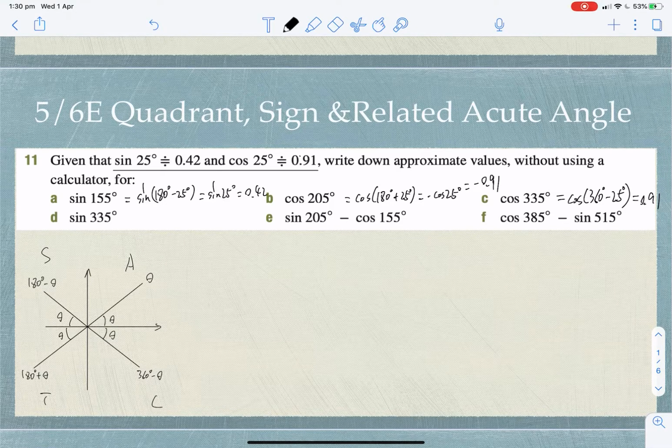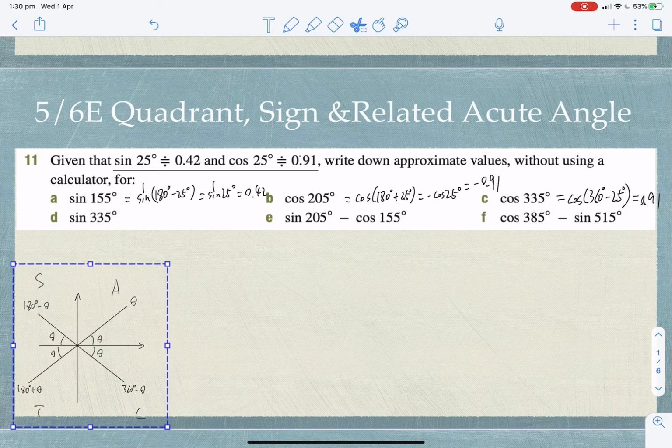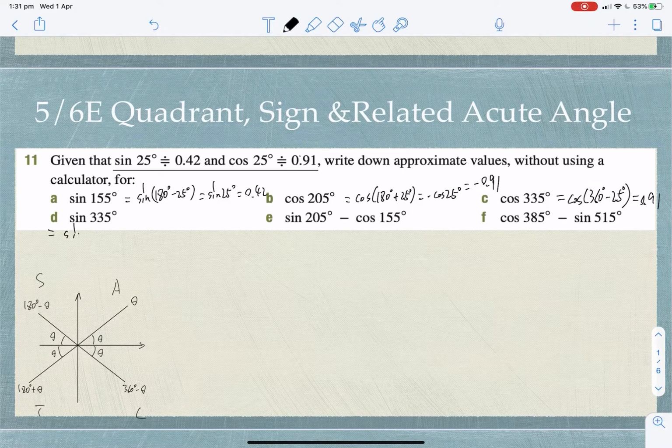Simple. So sine 305. 305 again is sine 360 minus 25 degrees. So basically it is sine 25 on the last quadrant, which means it's negative sine 25 degrees, which is negative 0.42.